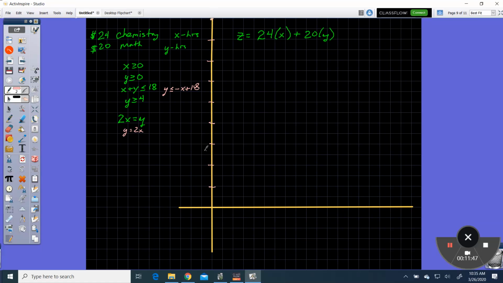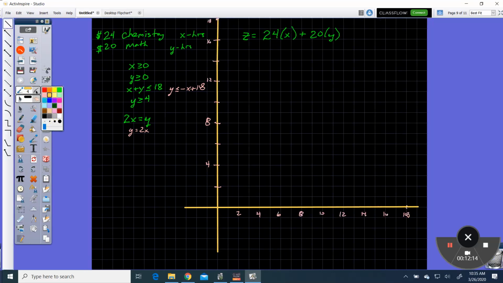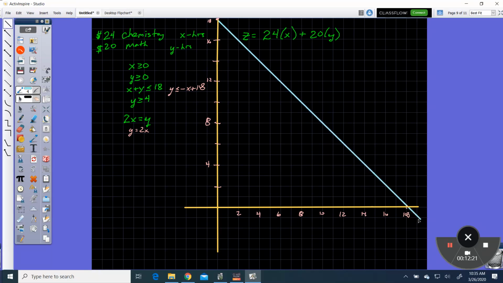Right there. So this says I go down 1 over 1. I don't know if I have enough this way. 2, 4, 6, 8, 10, 12, 14, 16, 18, right there. So down 1 over 1 means that if I'm on the y-axis at 18, my line is going to cross the x-axis at 18.